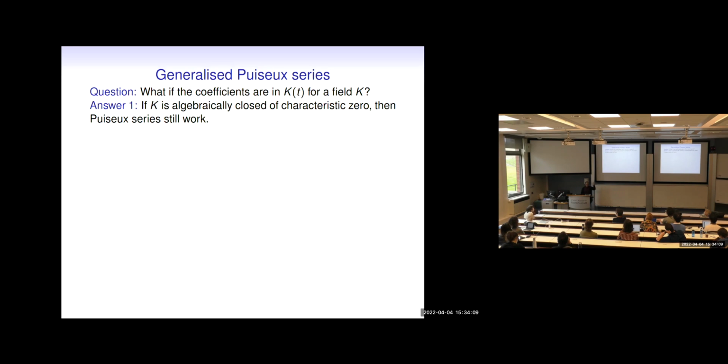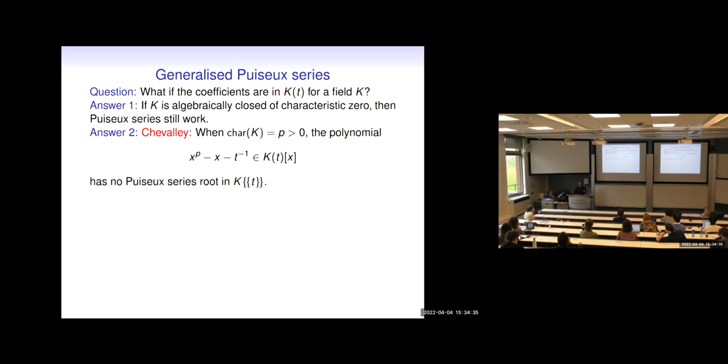You can still replace the complex numbers with your field K in the Puiseux series. That's still algebraically closed. Everything works the same way. Okay, Newton's proof, well, I don't know whether it's Newton's proof, Puiseux's proof that the Puiseux series are algebraically closed, which goes with playing with that picture I showed you on the previous slide, that everything still works. Okay, so that's good.